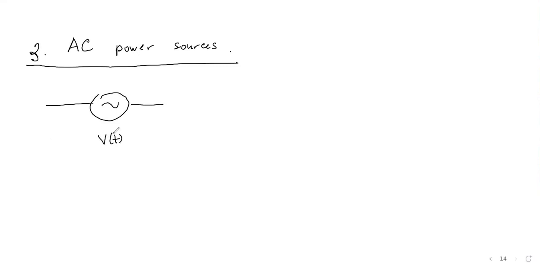So the voltage provided by the source would be a function of time. Cos or sine, it doesn't matter because it can be shifted. So for me, let me pick cos omega t. And then if we need to introduce a shift, then yes, I'm going to introduce a phase shift if I want.